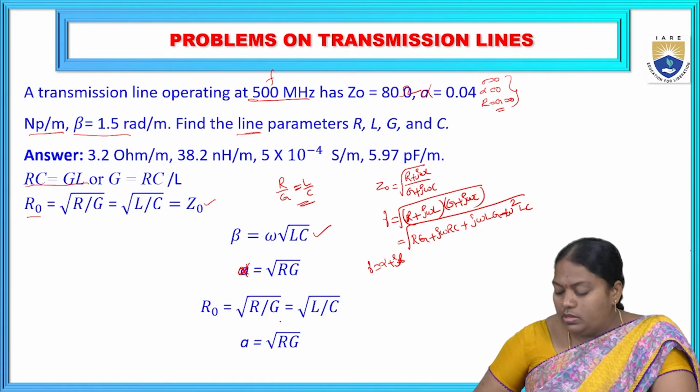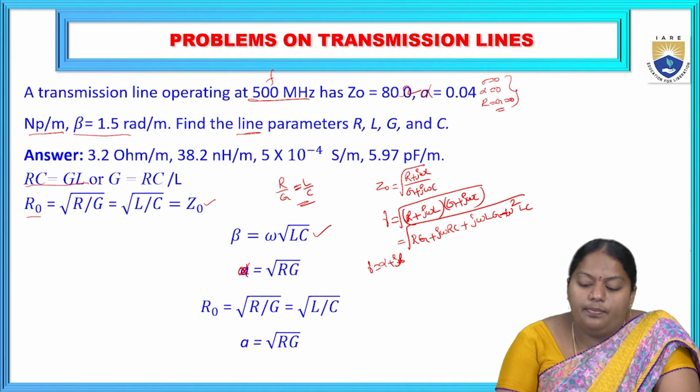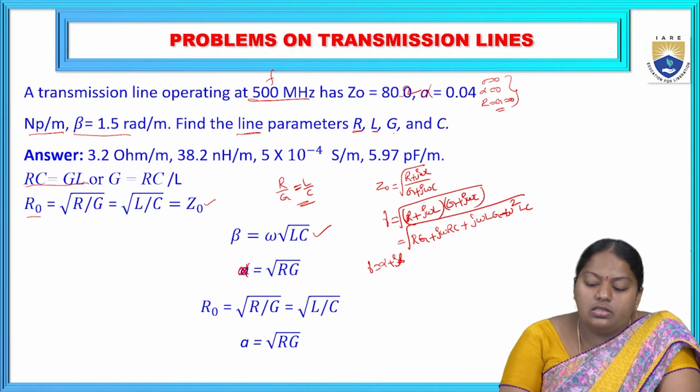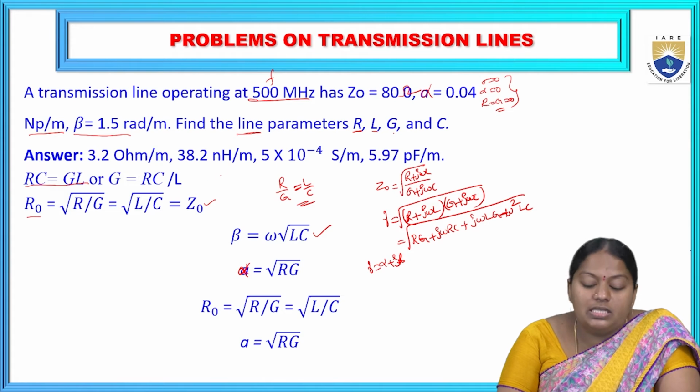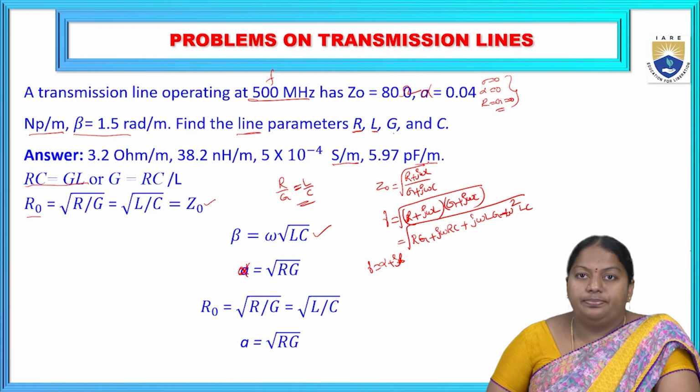Right? So by using these two formulas we can find the resistance value R, the inductance value L, the conductance G and the capacitance C. Generally this resistance is measured in ohm per meter, the inductance in Henry per meter, the conductance in Siemens per meter and the capacitance in Farad per meter. Right?